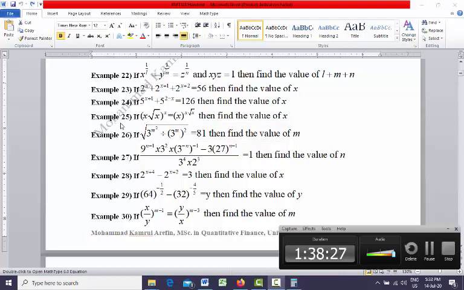Today's discussion we will finish here. We will study from example 26 and onward in our next class. If you fail to understand any part of this lecture, please do not hesitate to ask me. Okay, so we'll end here.